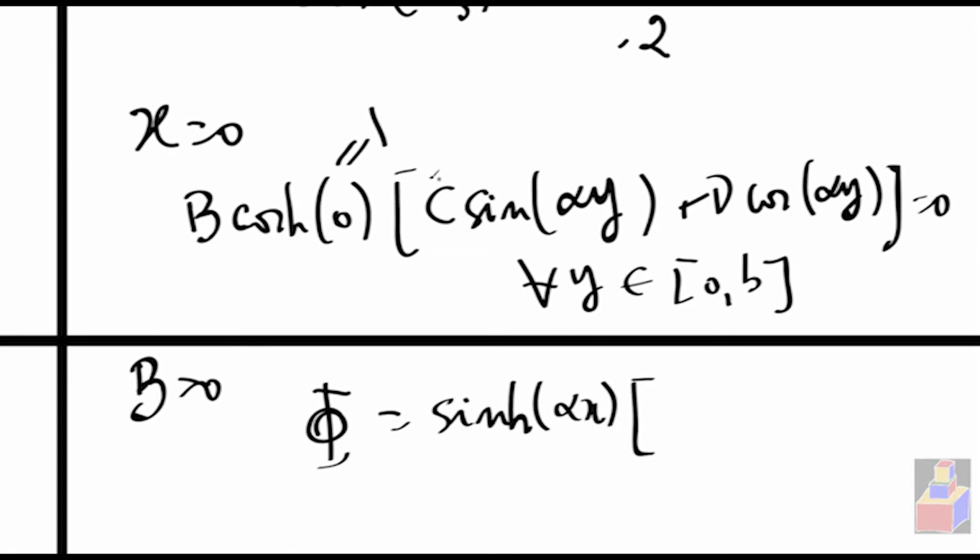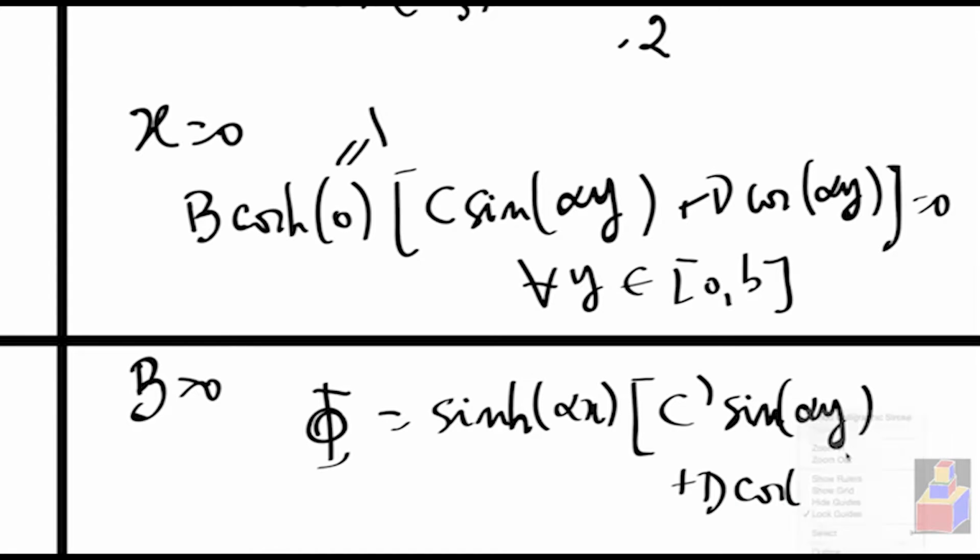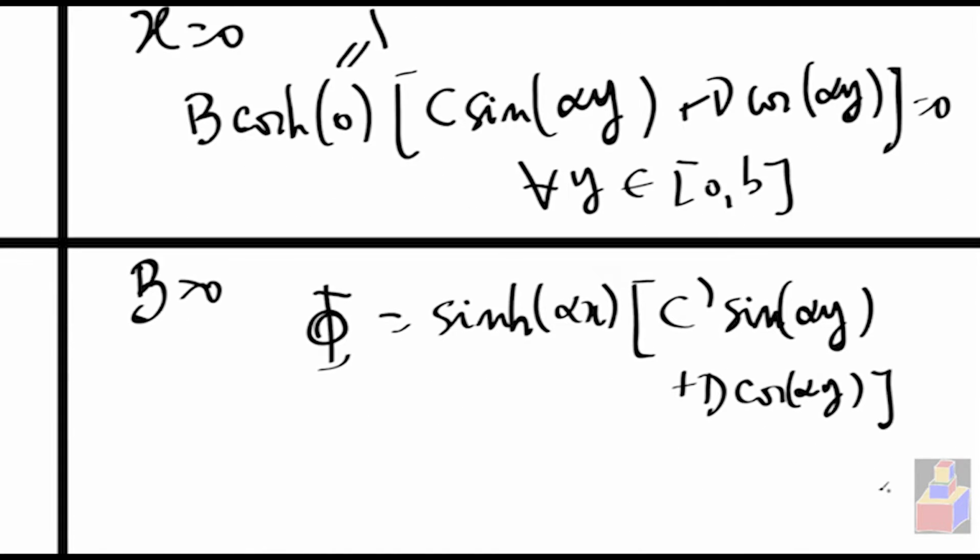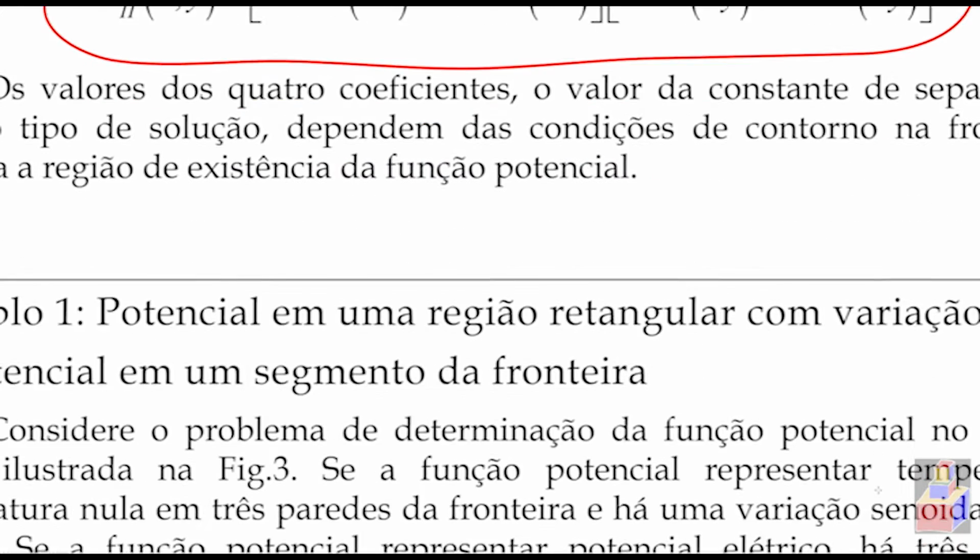A times c, which is the constant that was in front of the hyperbolic sine, a times c, I'm going to call c prime. Sorry about that. Sine alpha y plus d prime cosine. Now we go to y equals 0, where the potential is also grounded.